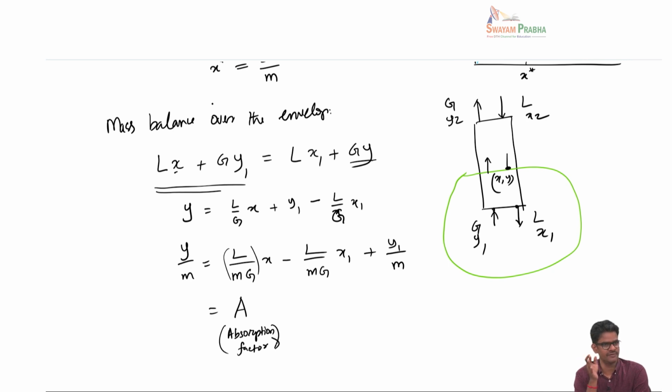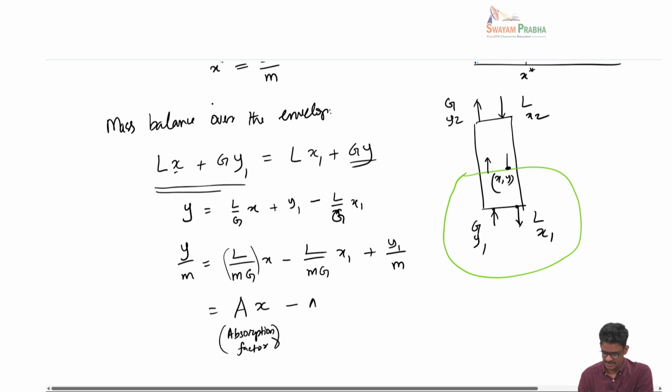You can put a symbol S and then define a stripping factor if you want, but since the terms are the same, why bother? So you call it the absorption factor even though the operation is stripping. It is just to minimize the use of symbols, that's all. So I get Ax minus Ax1 plus y1 by m. So that is y by m.